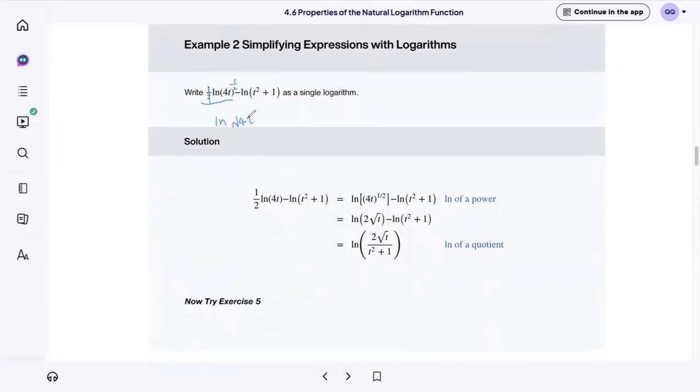Square root of 4t. Then minus this one means that t squared plus 1 goes in the denominator. So it's the square root of 4t divided by t squared plus 1. The square root of 4 is 2, so we can write it as 2 square root of t.